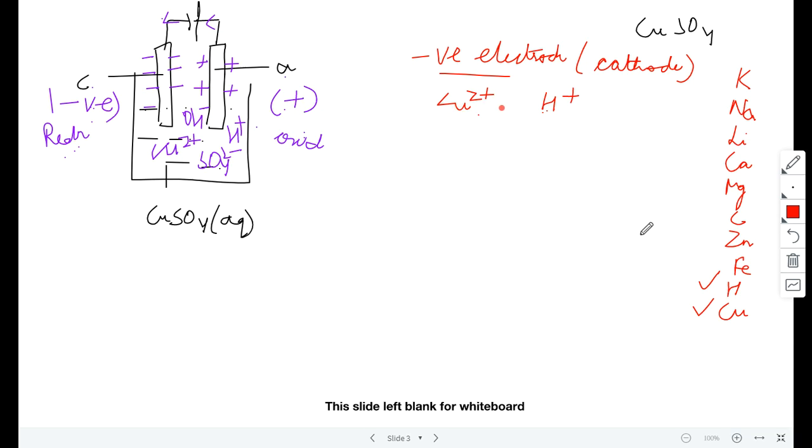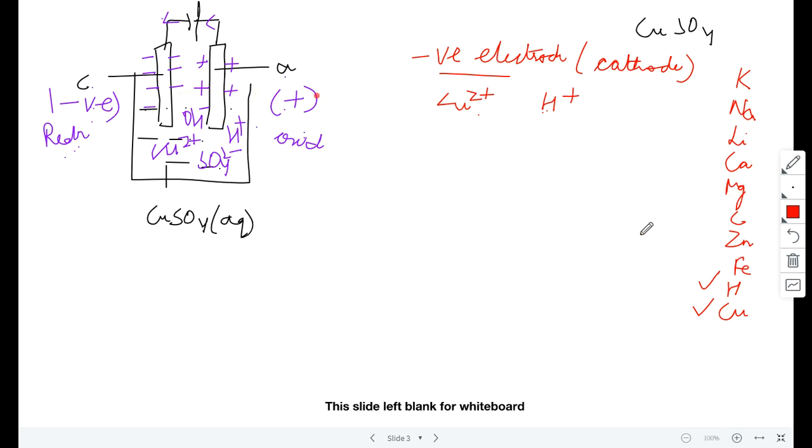Okay, so now what happens? First thing at the negative electrode, now you're clear. The more reactive one will stay in the solution or the electrolyte, and the other one will go towards the cathode. Now if there would have been magnesium and hydrogen, then magnesium would have stayed in the solution and hydrogen would have gone to the cathode, okay.